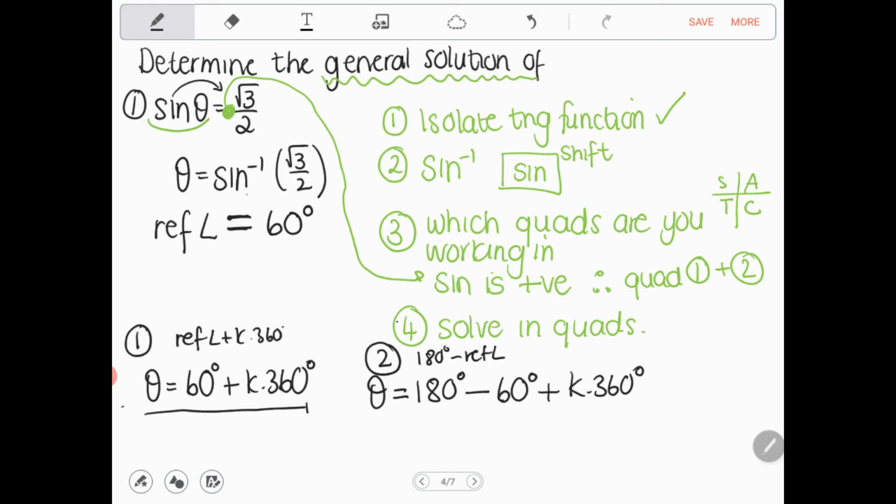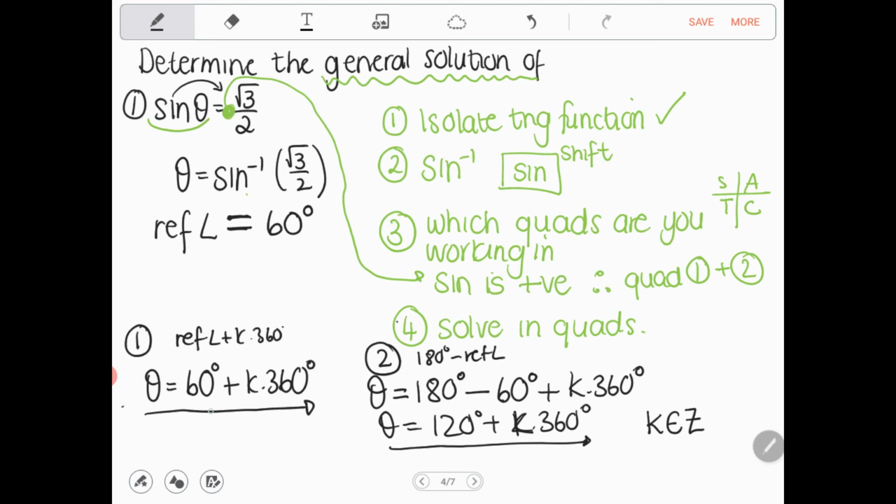Okay, so that is finished. 60 plus k lots of 360. And this is going to be 120 plus k lots of 360. And what we have to remember is always we just have to say k has to be a whole number. So you've got to add or subtract whole amounts of 360. You can't add pieces of 360. So that's all this is saying. K must be an integer so that we're adding or subtracting 360 degrees every time.